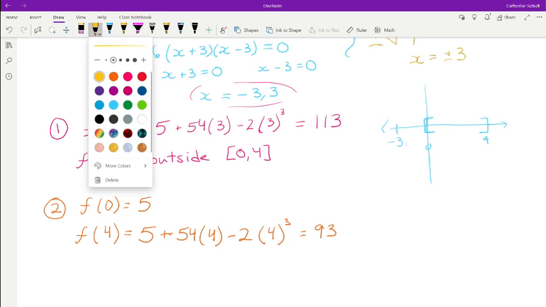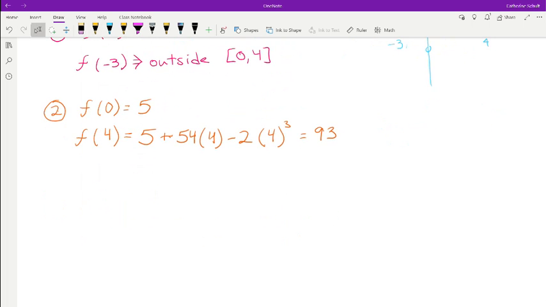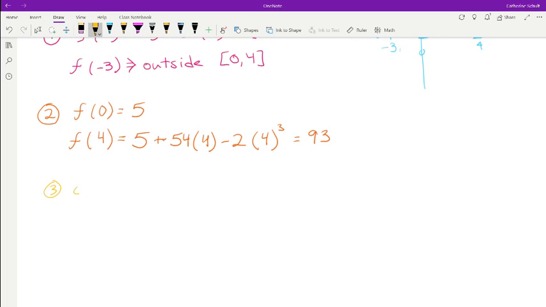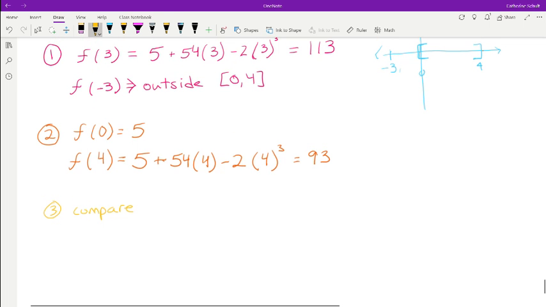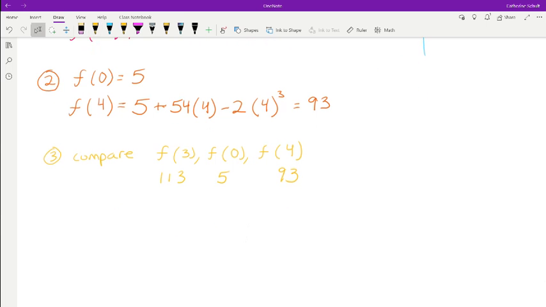What's left for us to do in step 3 is now we have to compare. So again, remember the critical numbers and the endpoints are the candidates for the absolute min and the absolute max. All right, and so we have to figure out, let's see, we had 113. We have to find the smallest value and the largest value. So we see that 5 is the smallest and 113 is the largest.